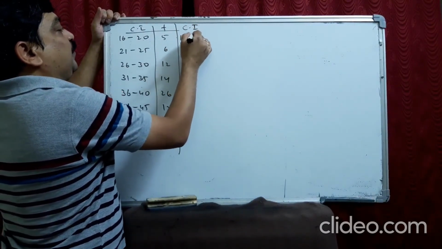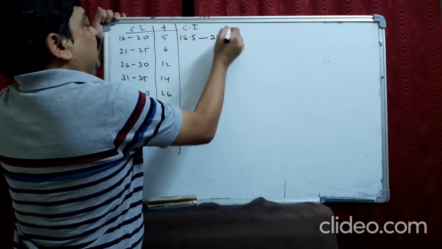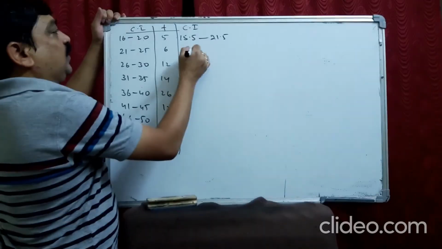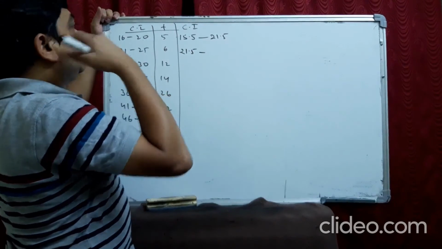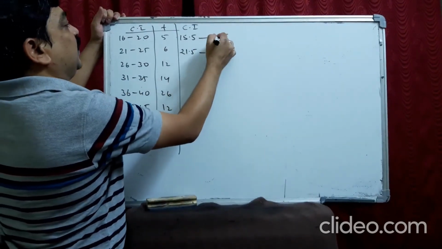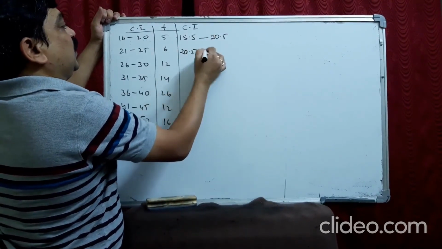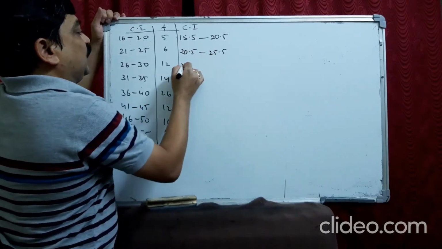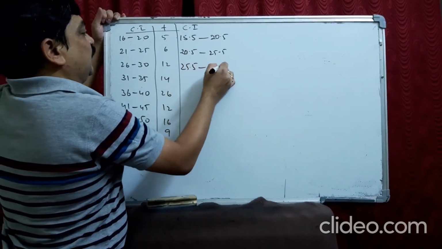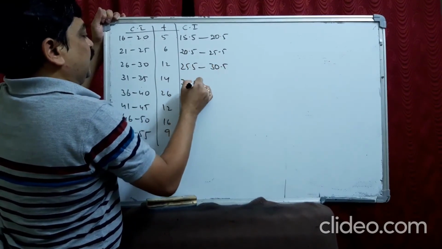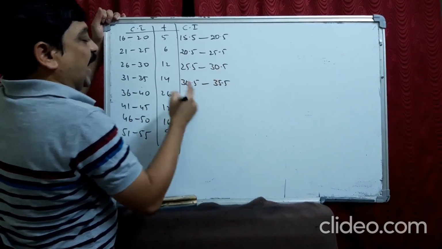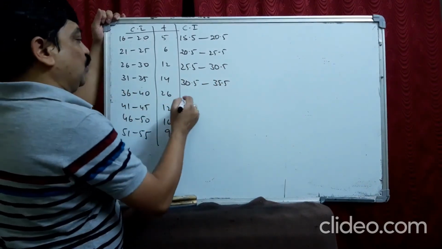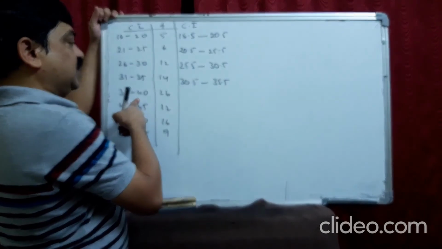It becomes 15.5 to 20.5, 20.5 to 25.5, 25.5 to 30.5, 30.5 to 35.5, adding to the upper limit and subtracting from the lower limit, and the h difference will change.